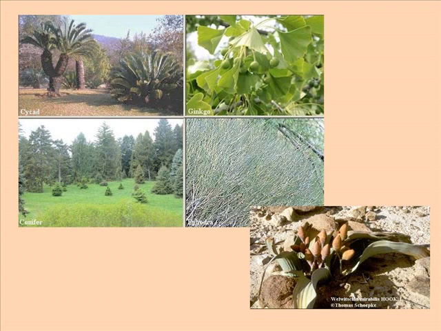If we look in the top left, you'll notice four pictures. The top left is a cycad. It looks like a short, fat palm tree. On the top right, you have what is called a ginkgo tree. They have very special looking leaves. They almost look like a little fan that you would fan yourselves to cool down.